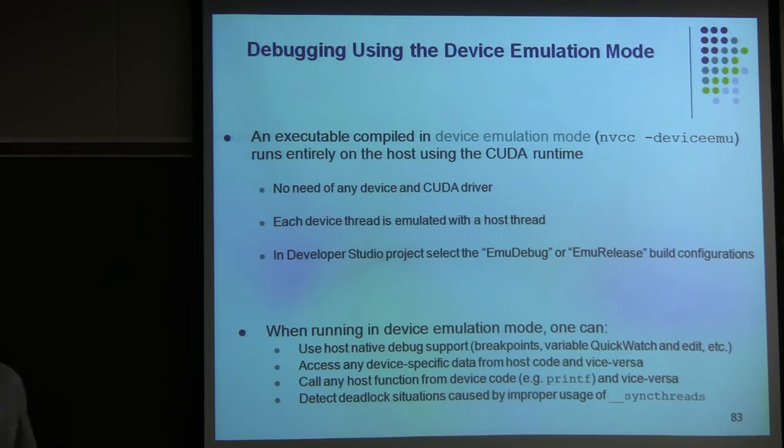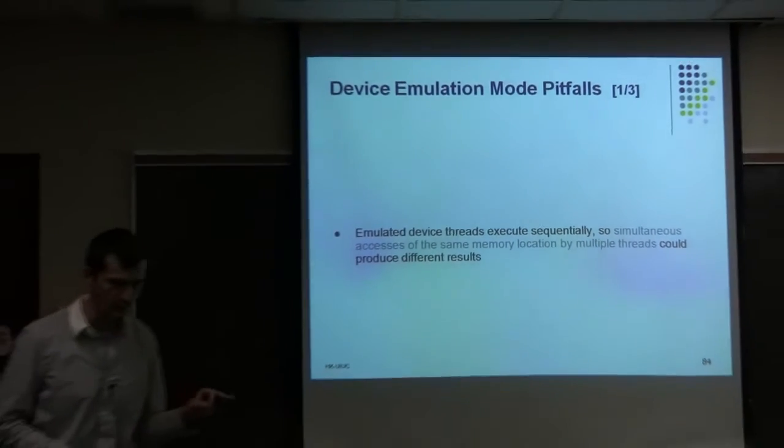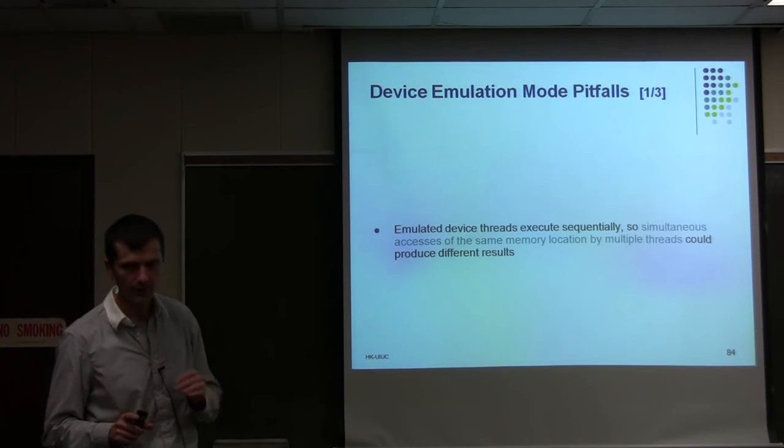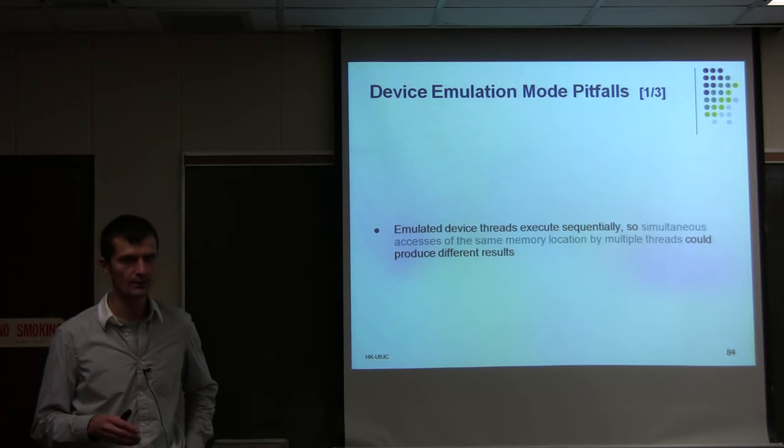However, I listed here three pitfalls. This is not quite like executing on the GPU, because the pointers can be messed up. The synchronization can be different, so it's not quite the same thing. However, next week NVIDIA is going to release, they call it Nexus.